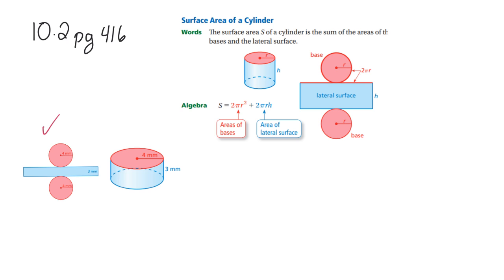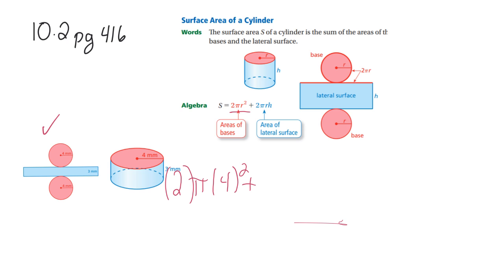We know pi, our radius is 4, so that'll be 4 squared. And since there are 2 of them, we're going to multiply that by 2. So this would be the bases. Just like up here, 2 times pi times the radius squared.